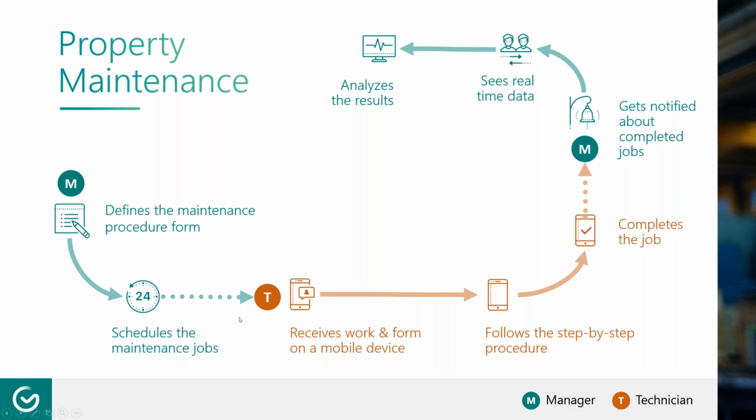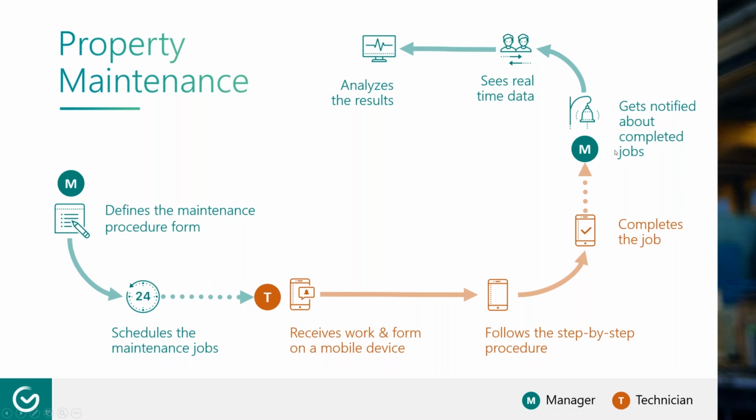Then the manager could schedule the maintenance jobs for technicians. Then you've seen that I had some appointments, inspections. I followed the step-by-step procedure, so we had the exact business process for inspection of the business center building. Then we went through the process and we completed the job.